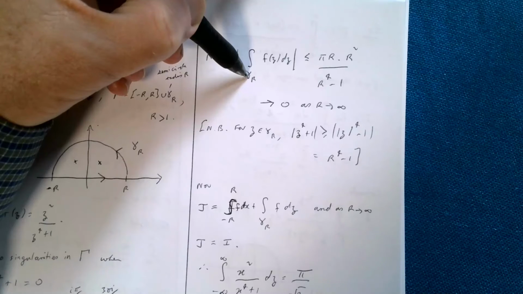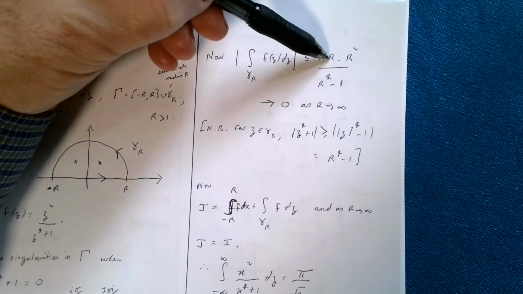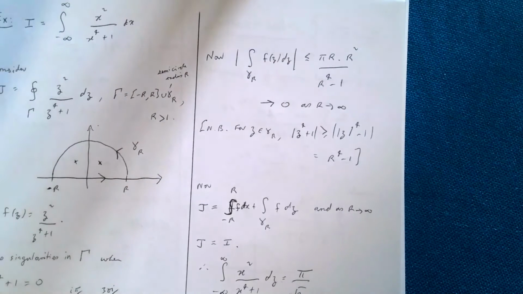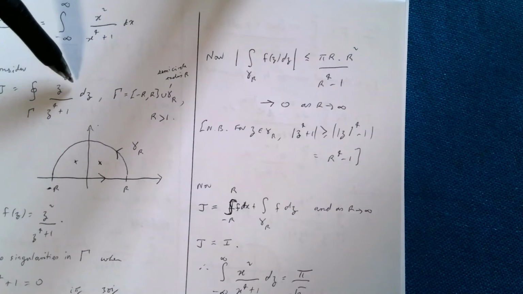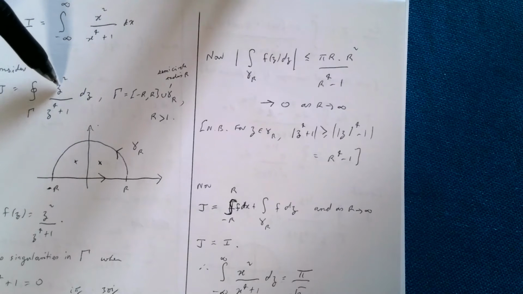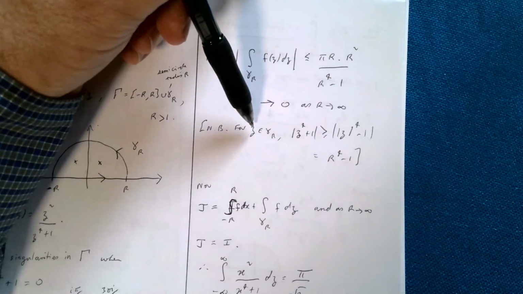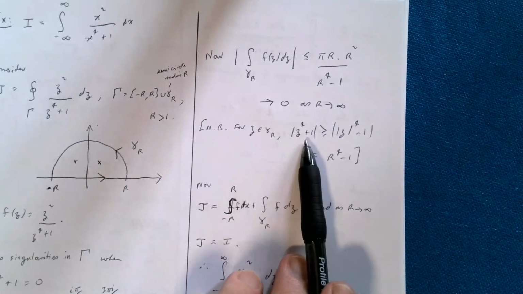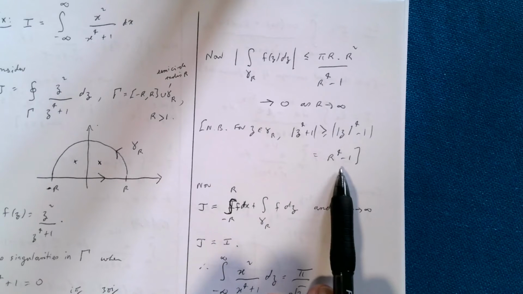This will be less than, now the length of the contour is pi R, and the maximum modulus of the function on gamma R, if I'm on gamma R, then mod z is just equal to R, so that's R squared. And then I've just popped it in here using the second triangle inequality. Mod z to the fourth plus 1 is bigger than R to the fourth minus 1 in modulus.